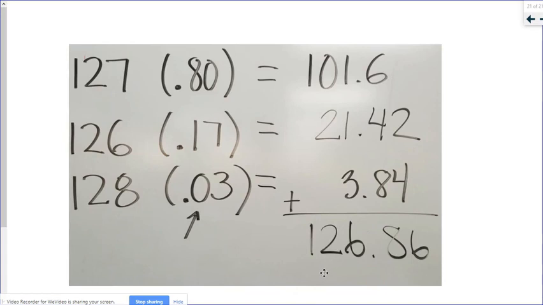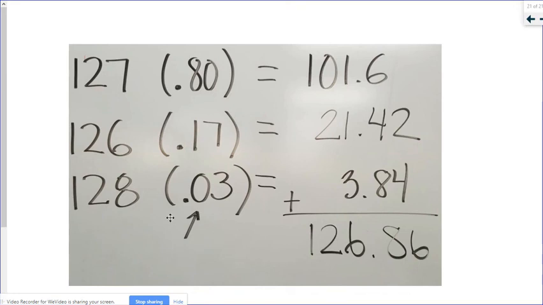Now, a good way to double check your work: does this number end up between the highest and the lowest values that you have over here? If that's the case, then it's probably the right answer. If you ended up goofing this and put 30% in here instead of 3%, this number down here would have been 161 point something.